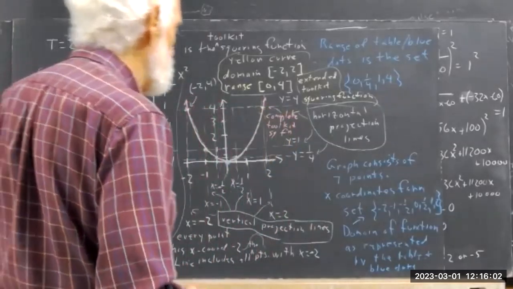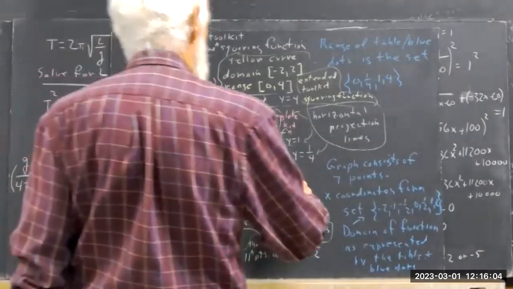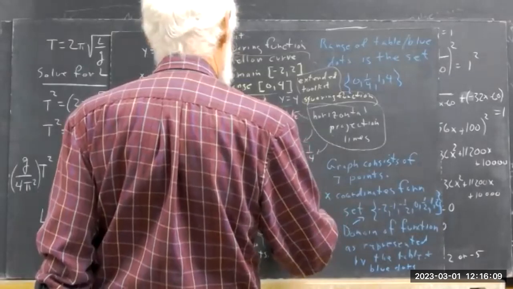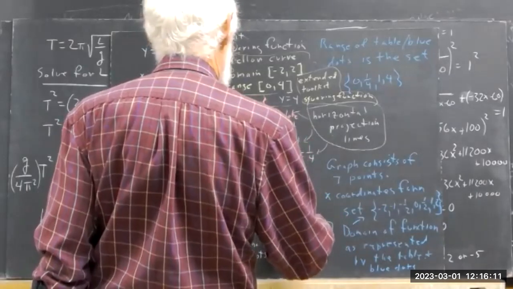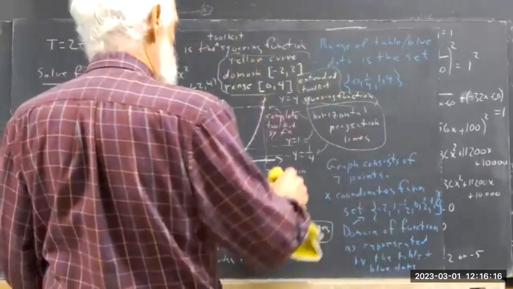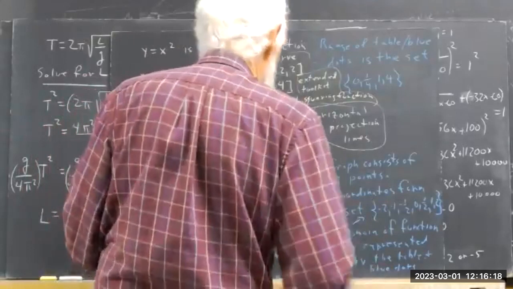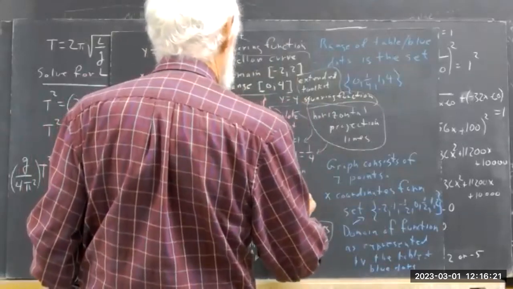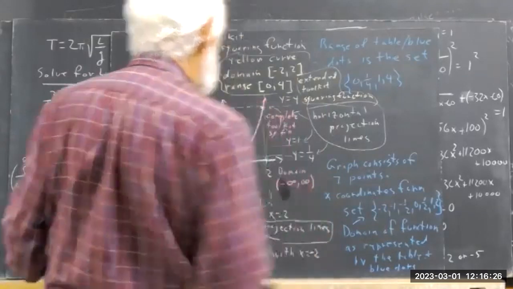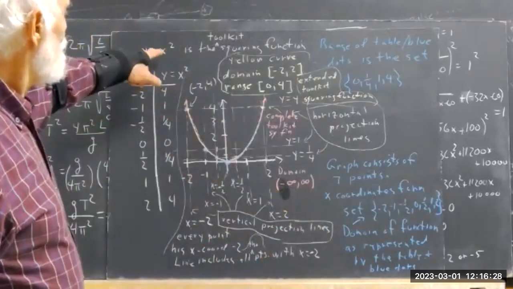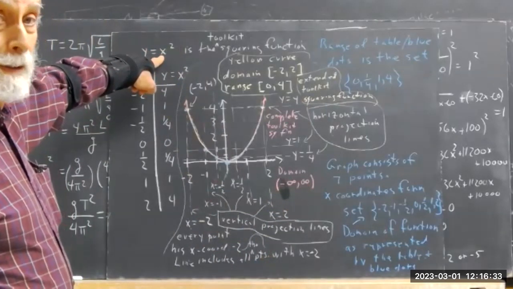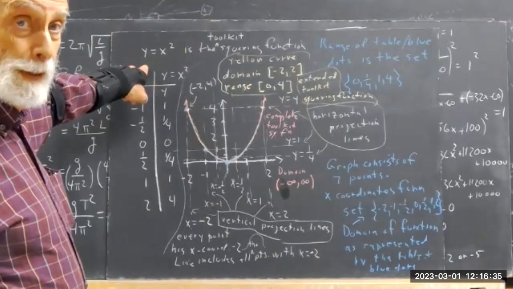And its domain is the interval from negative infinity to infinity. Why? Because I can put any real number at all into this formula and get a y value.